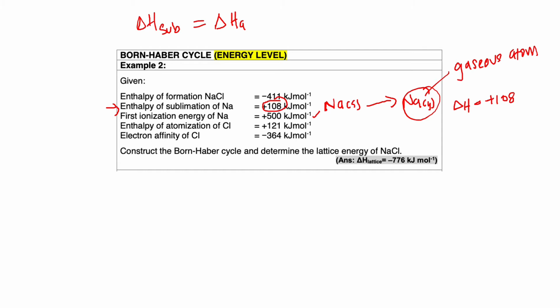So it is good for us to take a look first at all the values so that we can predict the gap of each level. This question asks you to construct the Born Haber cycle and determine the lattice energy. So let's go.